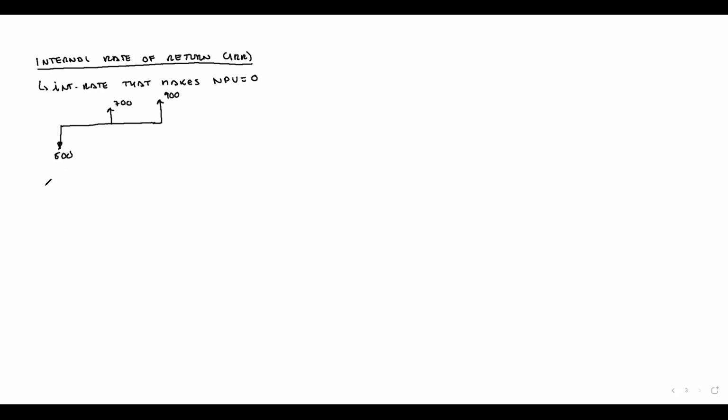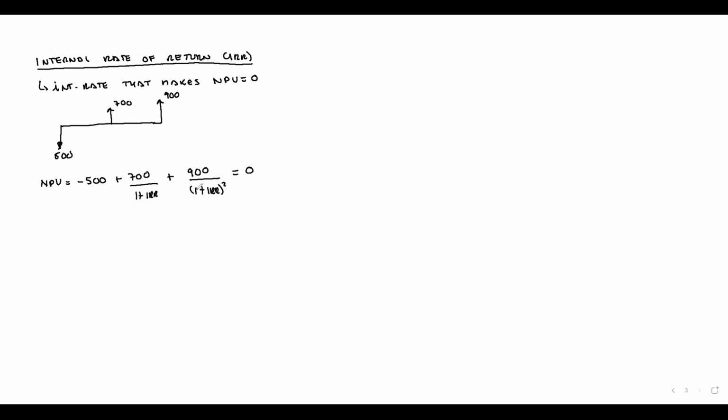How do we compute the net present value? The net present value was minus 500 plus 700 over 1 plus the internal rate of return, plus 900 over the internal rate of return to the power 2. Remember, the internal rate of return is simply an interest rate. And what I want is for this to be 0. So we have one unknown, one equation, so you can solve this one here. However, you're going to see you have a quadratic solution.